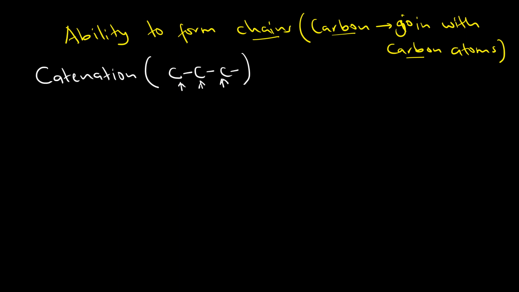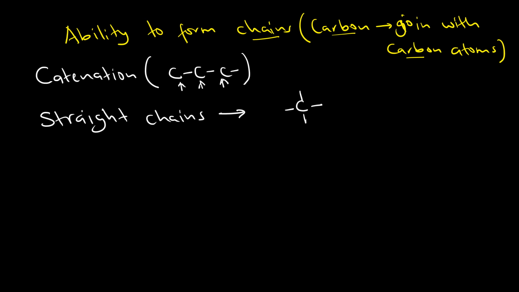This ability of joining together is what we call catenation, and with this ability carbon can form different chains. First of all, carbon can form straight chains. As the name suggests, the chains are straight, or in line form, as we can see in this structure here.